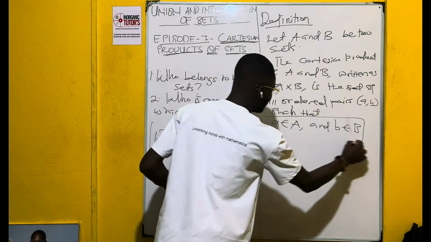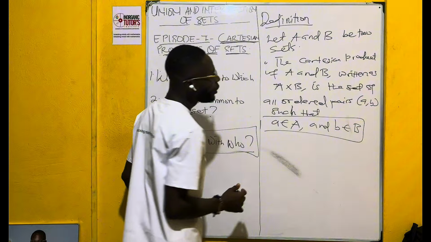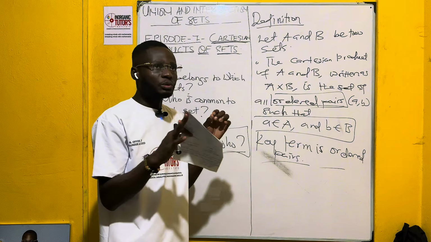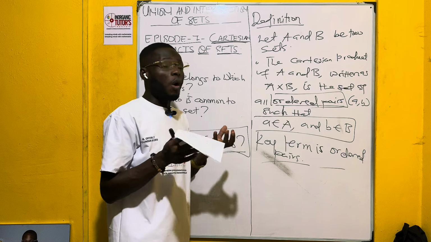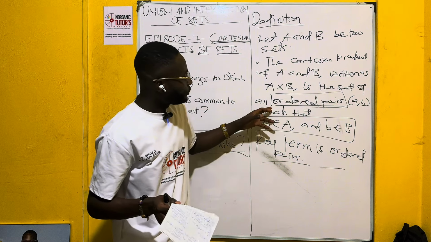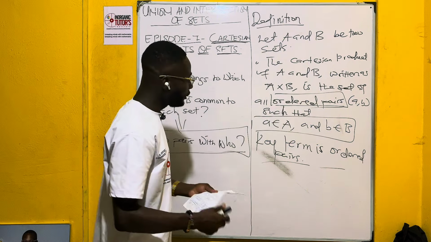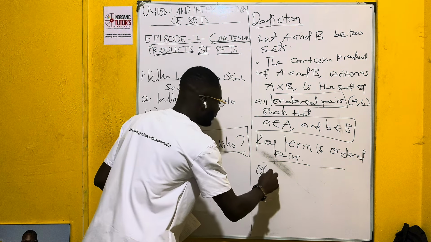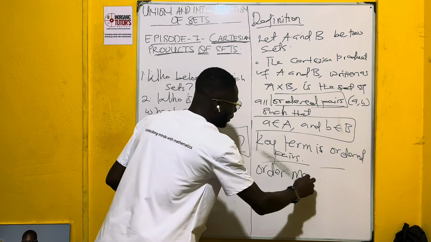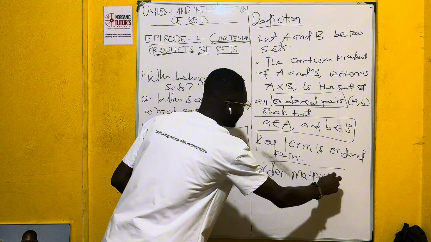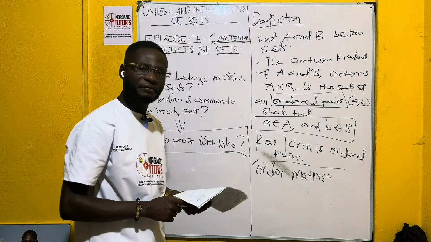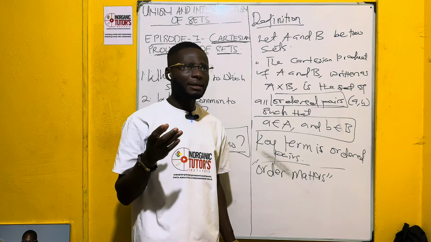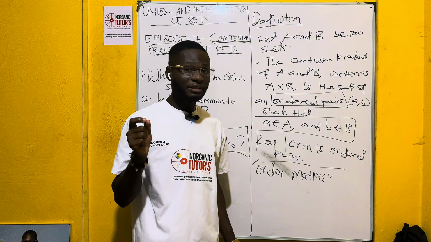So note this definition. Now, look at the key term here: order matters. If order matters, then we have to think about something like commutativity.